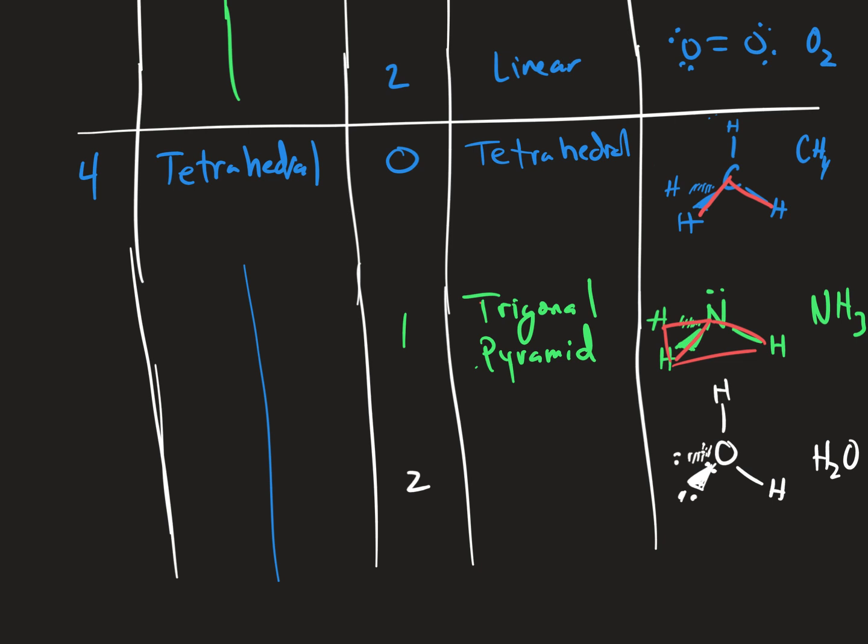Okay. And the angle degrees on it? Oh yeah. Good. The angle between this is 109.5 degrees. 109.5. And I don't know that I'm going to test you on that, but just so you can kind of see what it looks like, right?